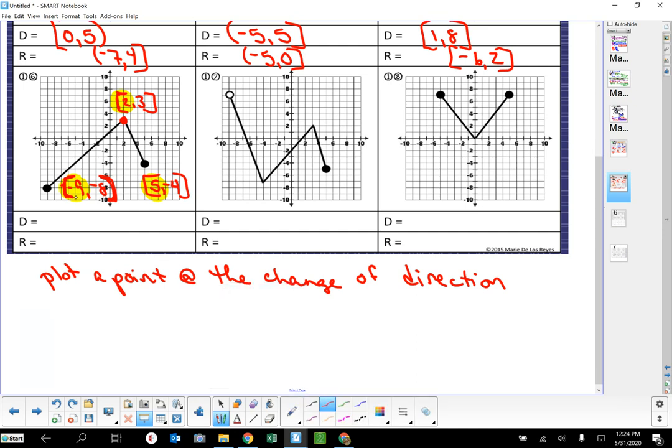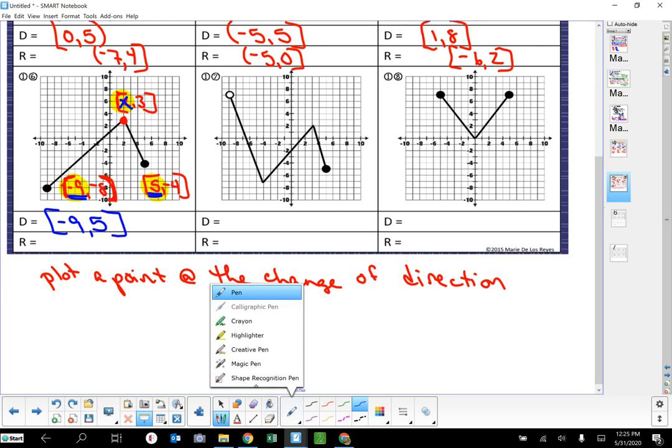Negative 9 is our smallest one, so that's going to be our first one in a bracket. 5 is our biggest one. And so we're going to ignore the 2 because it gets encompassed in the graph. It goes straight across all the way through. So negative 9 to 5. All right, so you're going to literally do only your least, only your greatest, ignore the middle one.